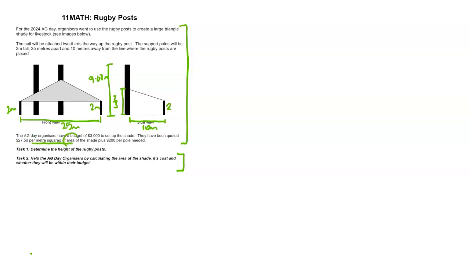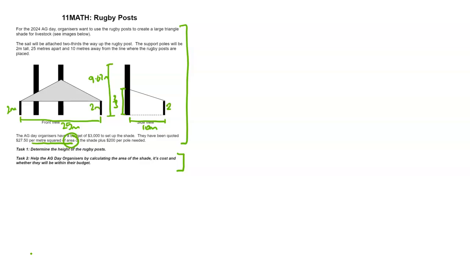So that probably means we're going to calculate the area of this shade, so triangular area, plus $200 per pole. Those are the support poles down there. So our goal is to find the area of the shade, use the $27.50 to calculate the cost of the shade, and then add $400 for the cost of the poles. That's what I'm thinking.